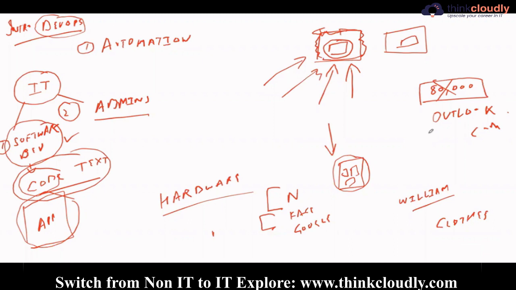And when there are 80,000 servers, 80,000 computers, and you have to do the maintenance, who will do it? So the administrators are hired to maintain these servers. Administrators take regular backups, and they make sure that the servers are running properly and there are no issues.